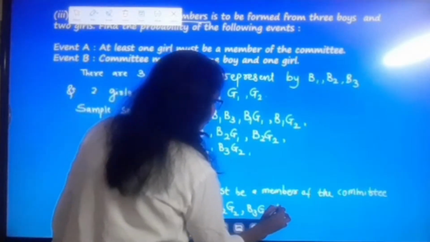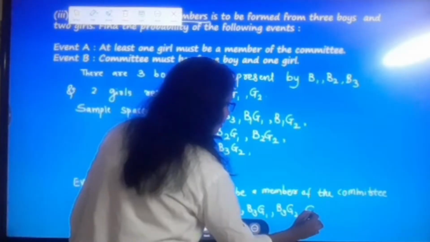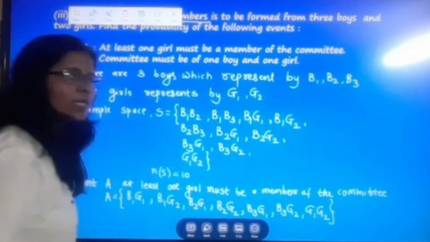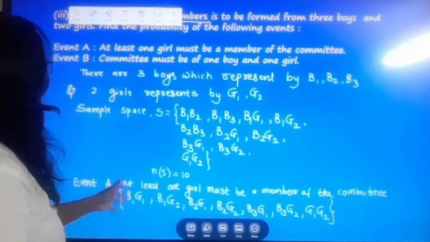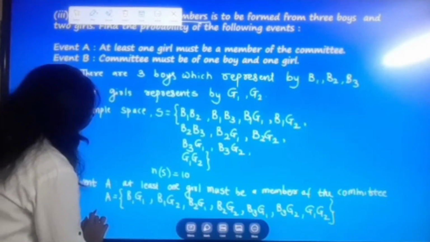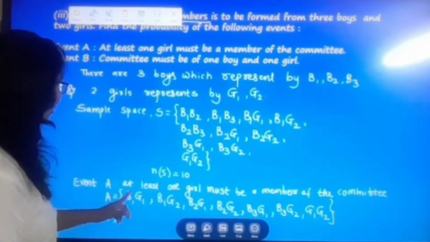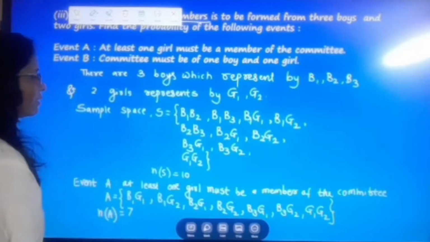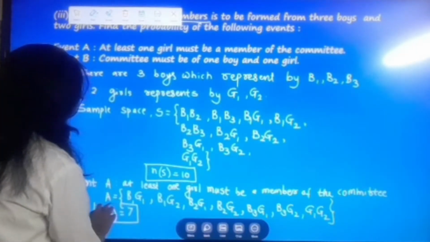Then B3, G2. Next one, G1, G2. Okay students, so how many are there in this event? 1, 2, 3, 4, 5, 6, 7. So n of A is equal to 7.